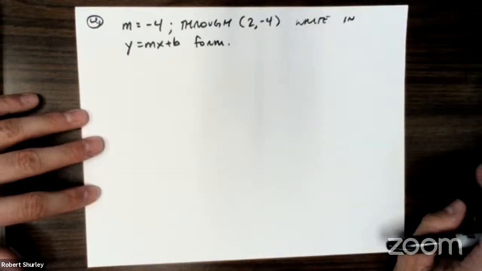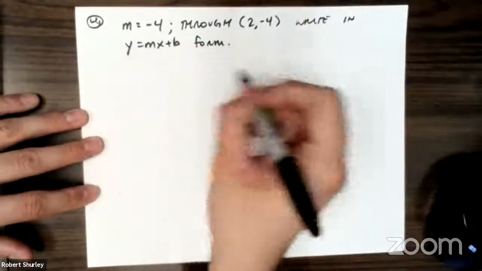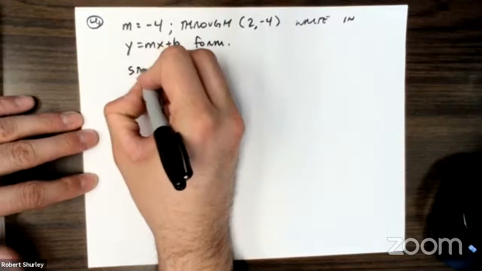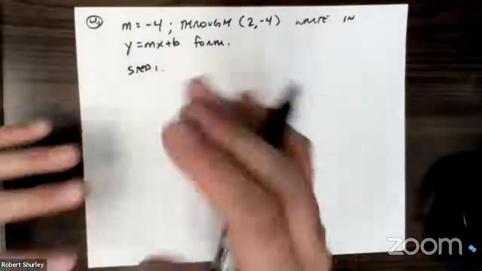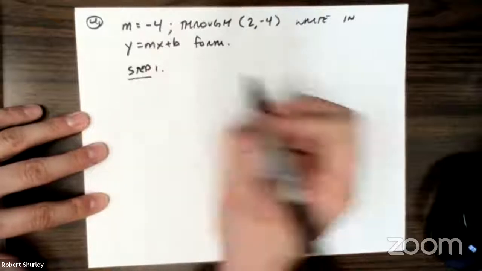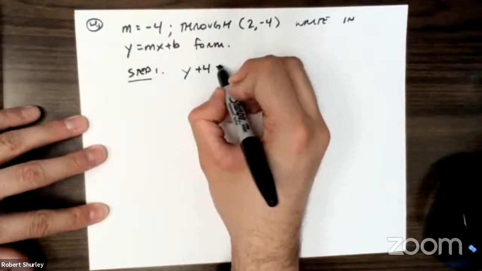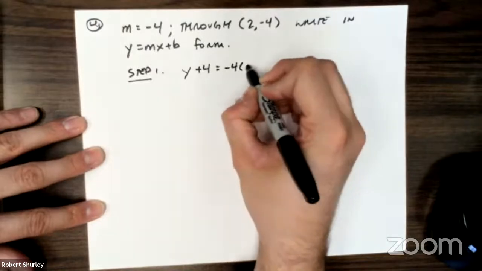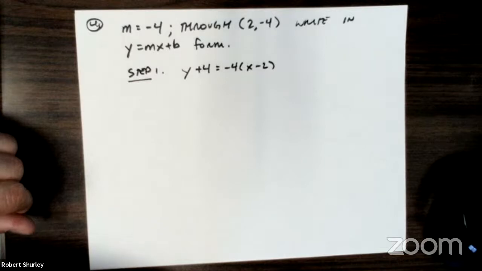So let's see here. Well, first, remember step 1. I'm going to put it in point-slope form. Sometimes my brain gets the names mixed up. But step 1, we're going to put this in point-slope form: y plus 4 equals -4 times x minus 2, right? Remember that was step 1.